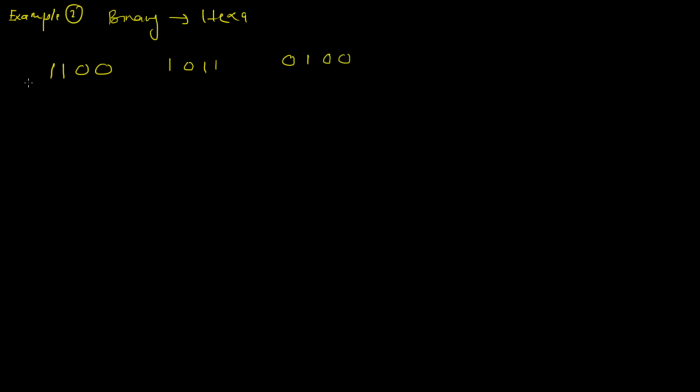I have already written this in the form of 4 bits. So I'm going to multiply these numbers with 2 to the power of n, 0 1 2 3, 0 1 2 3, 0 1 2 3. So I got only 3 combinations here.